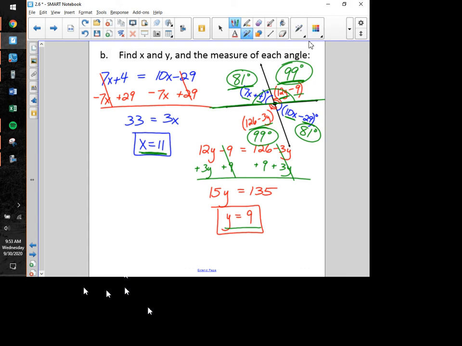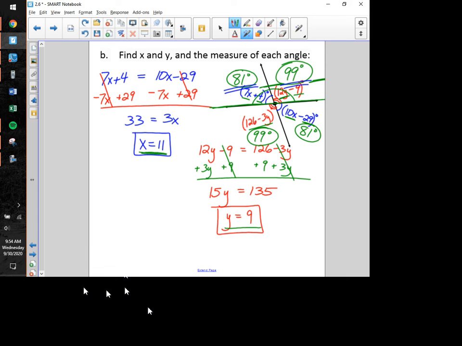I think so, everybody. 81 and 81, those are the same. And also a 99 and a 99, those are the same. And the second thing to test here, are your adjacent angles going to be supplementary? And we've got an 81 here and a 99, and those two do add up to 180.